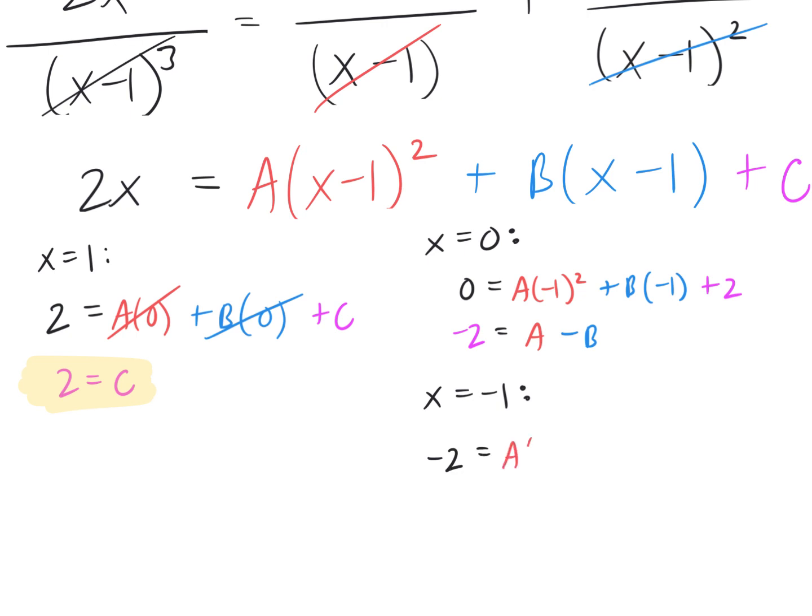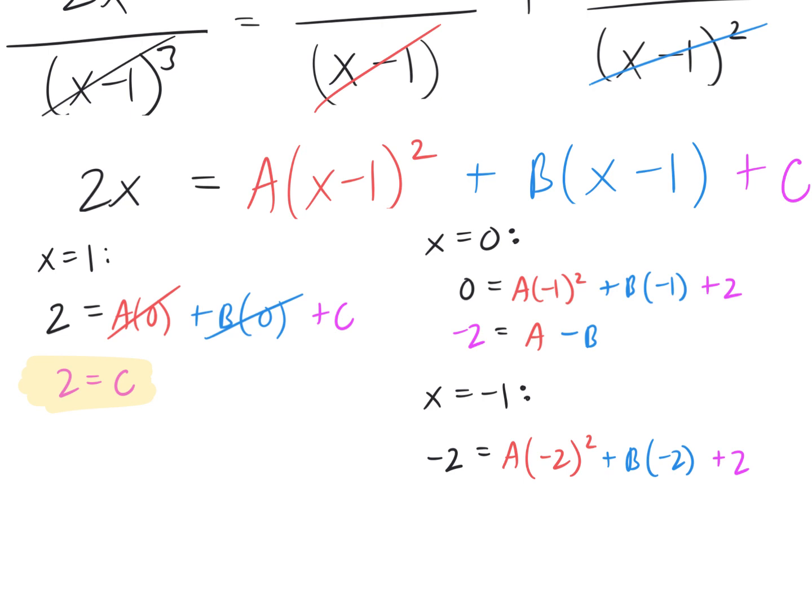And then I get a times, this would be negative 1 minus 1, which is negative 2 squared, plus b times negative 1 minus 1, which is also negative 2, and also plus 2, right? So I plugged in negative 1. My bad, this should just be negative 2. Thank you.